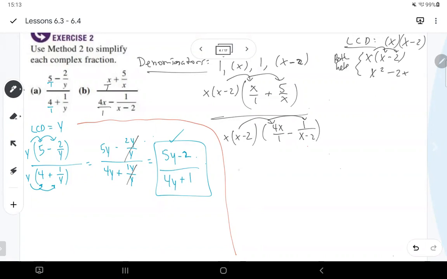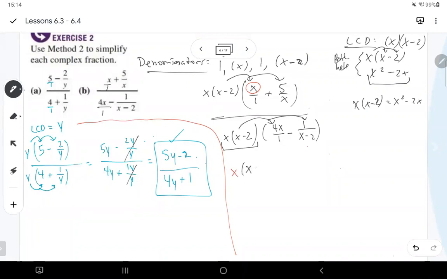So essentially we're going to have, and this is where this part comes into play. You know that these two are the same: x times x minus 2 is equal to x squared minus 2x. So if I bring down here is the x from the inside, this x is right here, right?